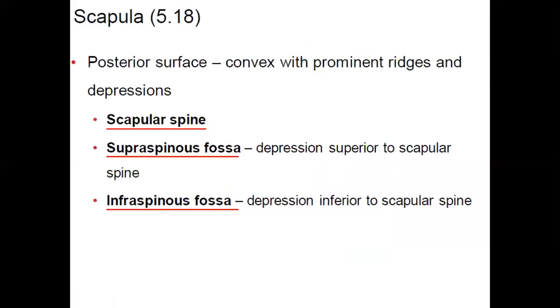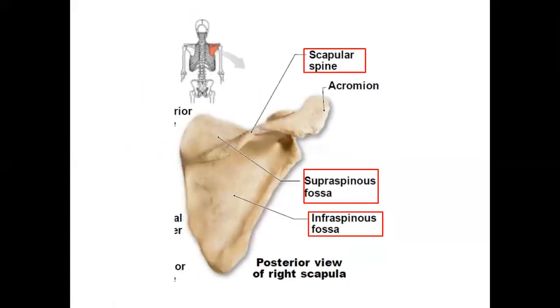There's a couple of processes I want to point out where there's some pretty important structures that you can actually tell the anterior side from the posterior side. So here's the posterior side now. Now this guy is flipped around, right? You can still see right here's the glenoid cavity. So this is medial, and this is lateral, right? And the lateral side kind of pokes out toward your arm.